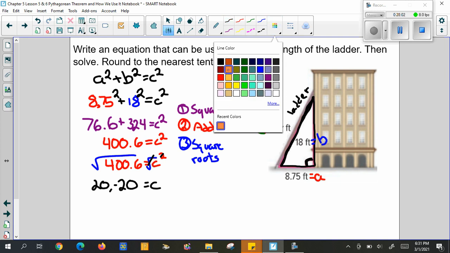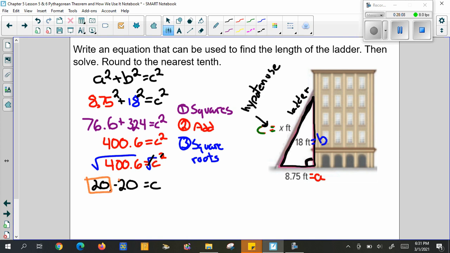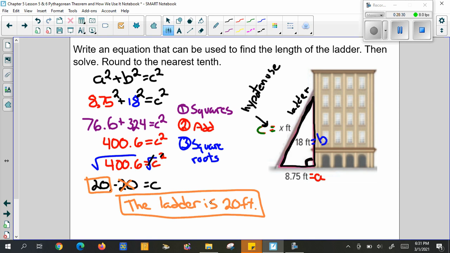We know square roots are positive and negative, but since we're talking about a measurement, I need the positive. So we find that the ladder is about 20 feet. Using the exact same steps, the part you have to figure out is which part is which variable.